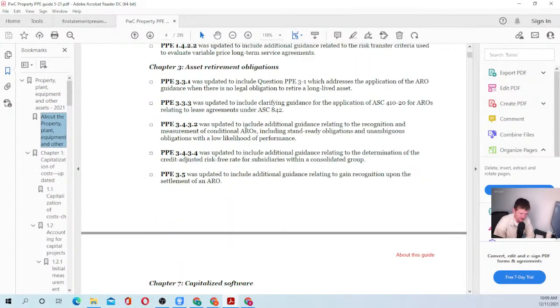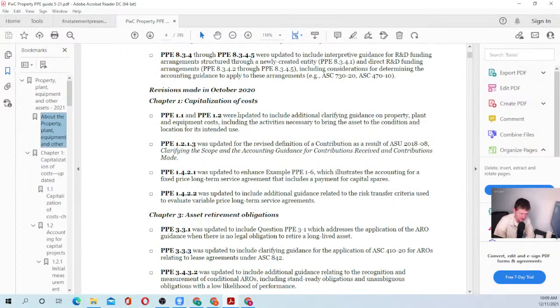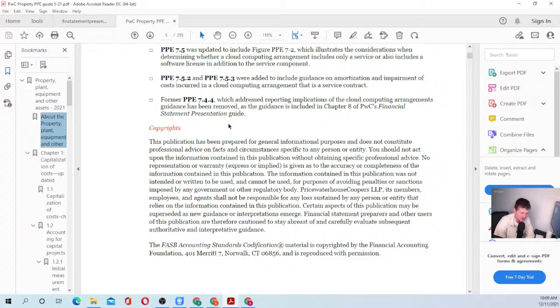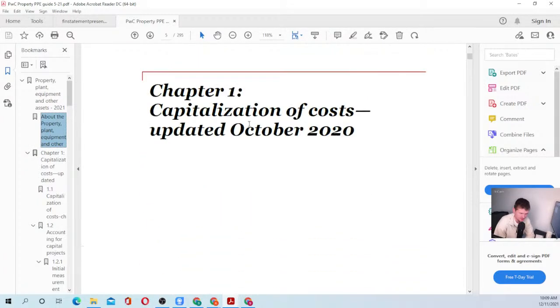There is quite a bit of changes, but they are mostly immaterial or relate to recent developments. They do not touch the basics much.